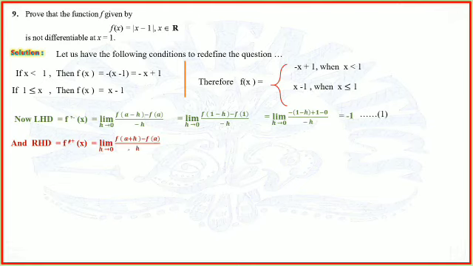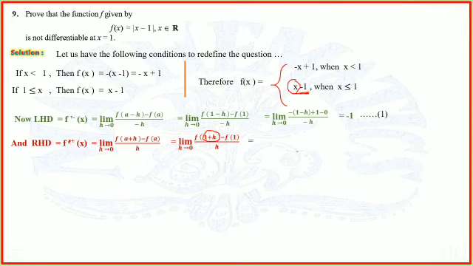This is the formula, and the value we are going to put again is 1. So limit h tends to 0 f of 1 plus h minus f of 1 upon plus h. Now the value of x is 1 plus h here. So this is x minus 1. So instead of this x, we will put 1 plus h.